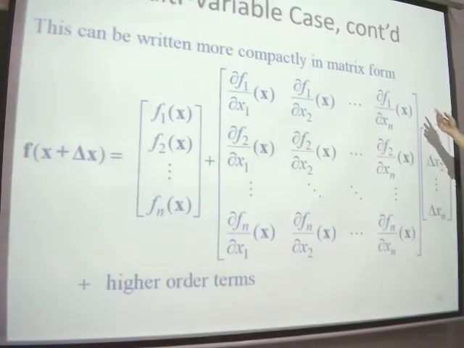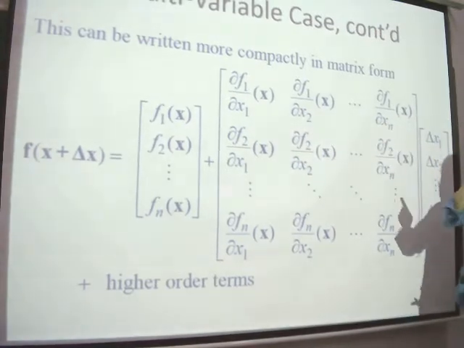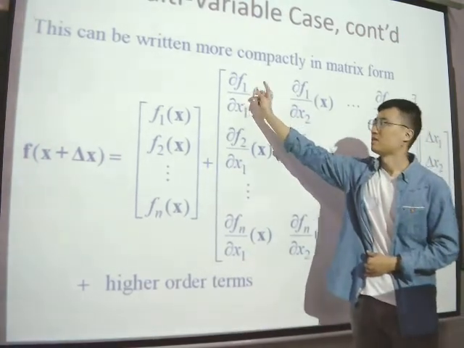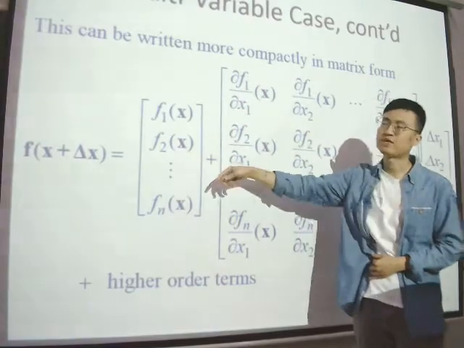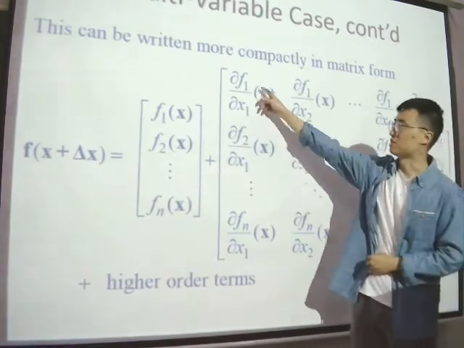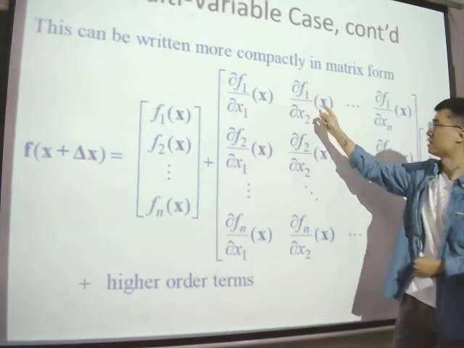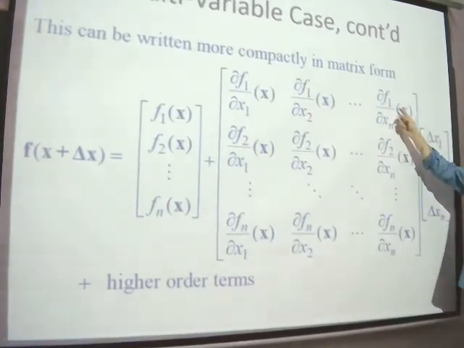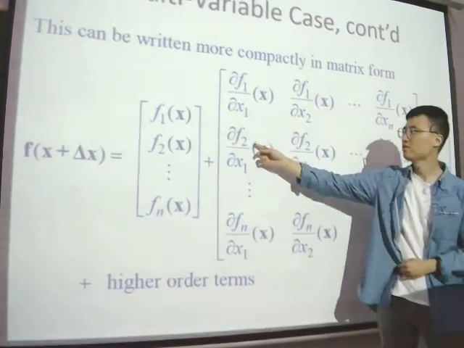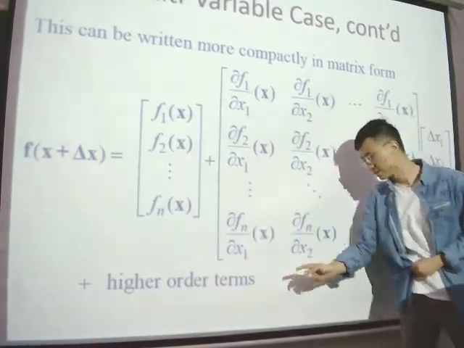Okay, so you can see that for the first one, because we only calculate the first order differential, we have f1, but each f has the variables x1 to xn, right? It has n variables. So the first row is f1 by x1, f1 by x2, up to the differentiation of f1 by xn, right? And then f2 by x1 to xn, and so on to fn by x1 to xn.